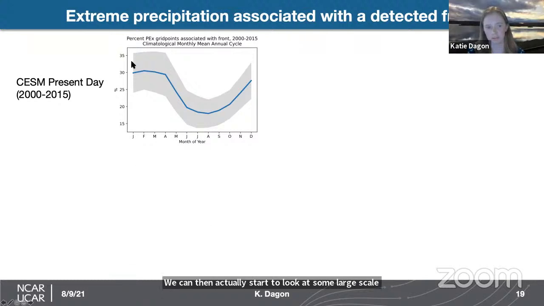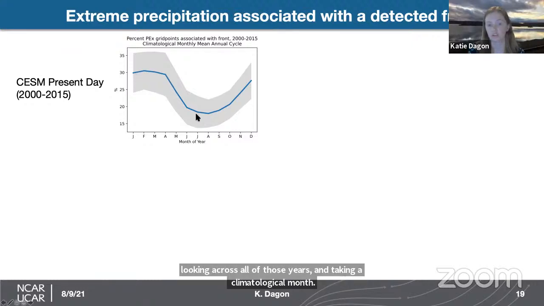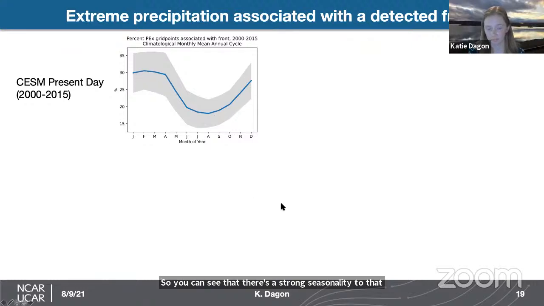This is a plot showing the percent of, here PEX means extreme precipitation, percent extreme precipitation grid points associated with the front for the present day CESM simulation. But this is looking across all of those years and taking a climatological monthly mean. So you can see that there's a strong seasonality to that, where it's higher in the winter, lower in the summer.